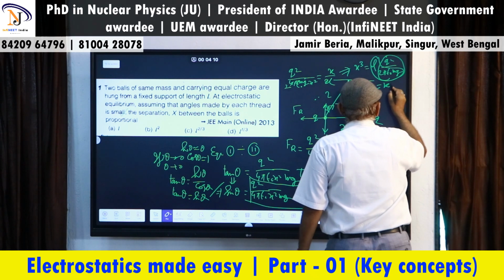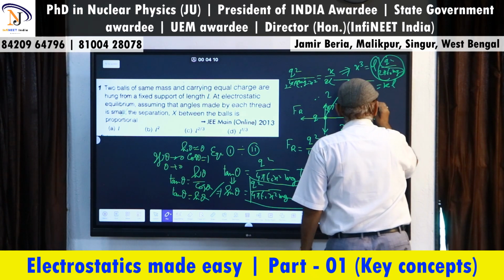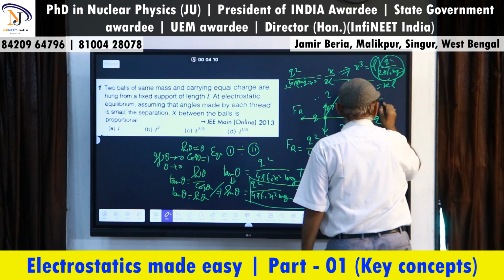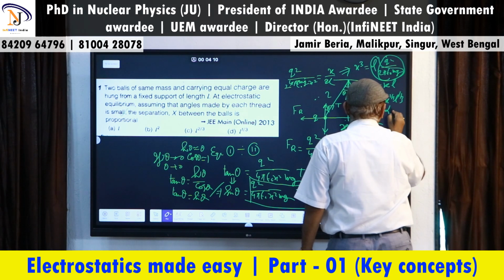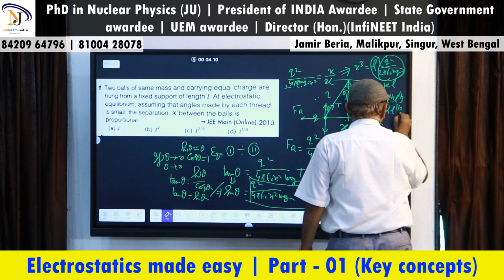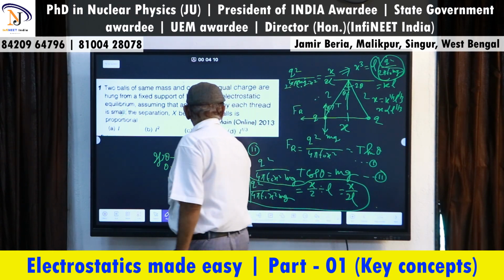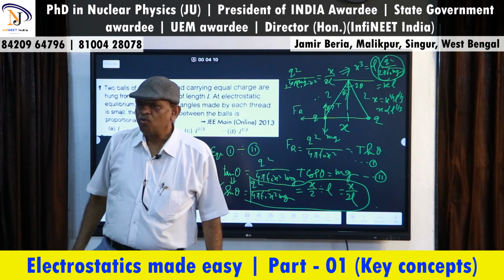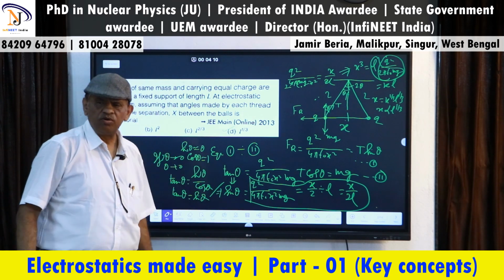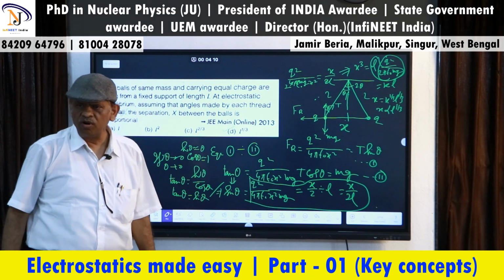This is a constant into L. So x equals a constant times L to the power 1/3. So x is proportional to L to the power 1/3. Am I clear or not?